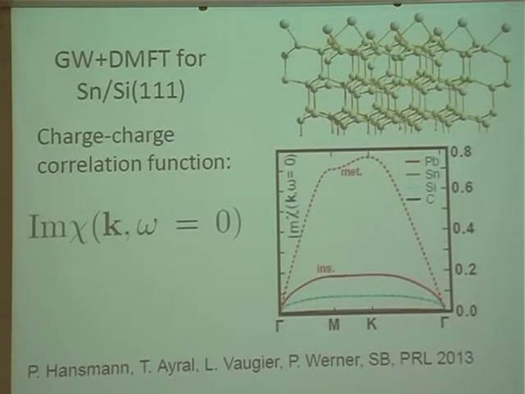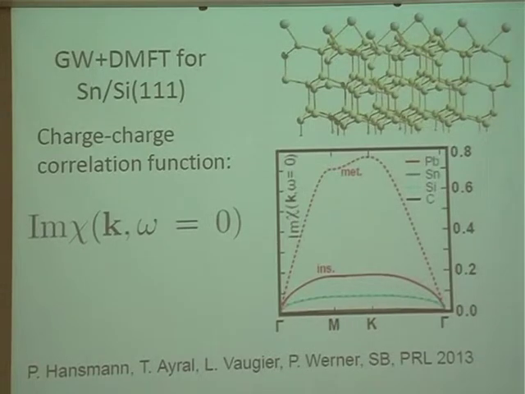Okay, and actually, let's look a little bit more at what it wants to do. For that, let's directly look at the charge correlation function, now for finite k's. This is plotted for different k, in particular around the M point and the K point.